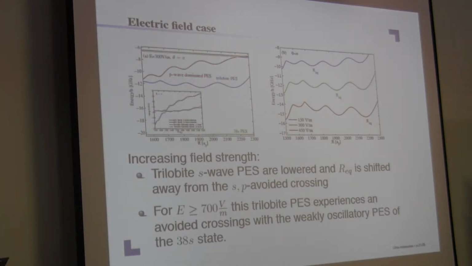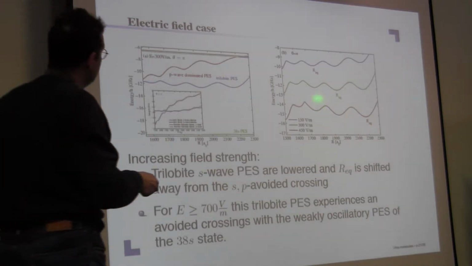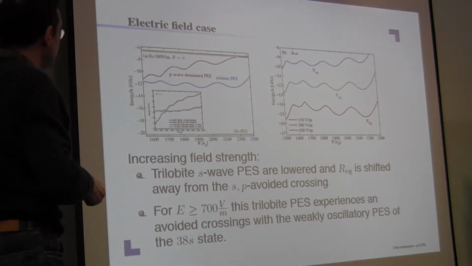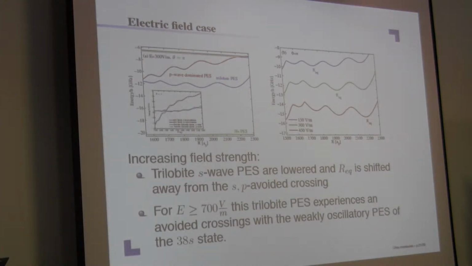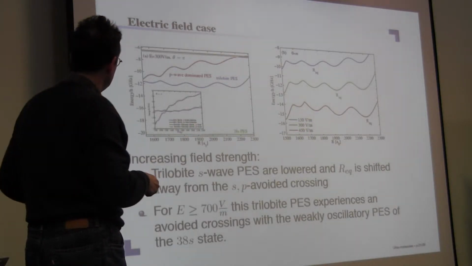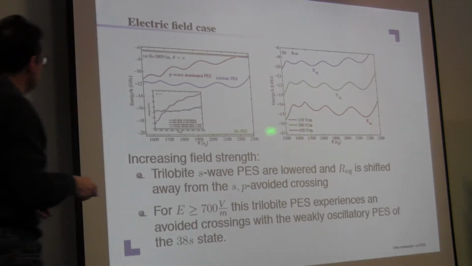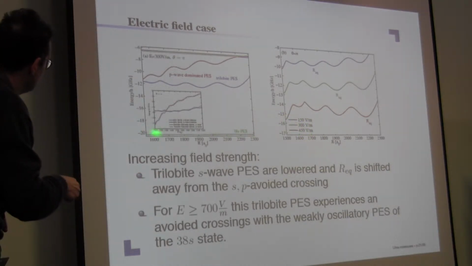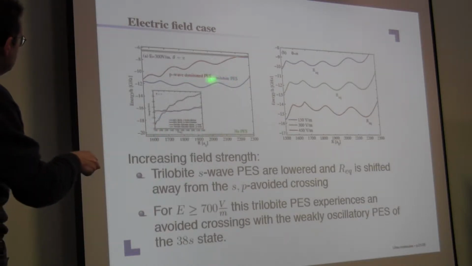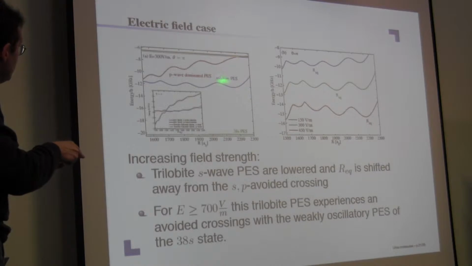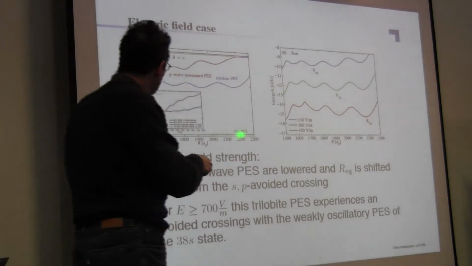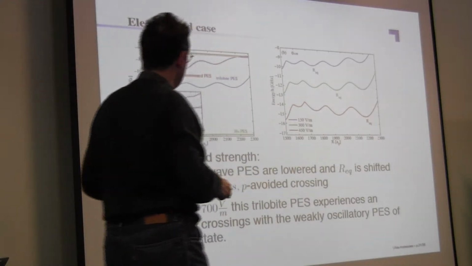So that means the electric field tends to stabilize the system, it deepens the wells, and makes the well structure of the trilobites more pronounced. Yeah. If you go to the extreme for very high fields, and this is not clearly shown here, what happens is that this state down there, which practically looks constant as a function of energy, which is way off from these states, if you increase the electric field, this state moves further down and finally crosses or shows avoided crossings with this 38S state.